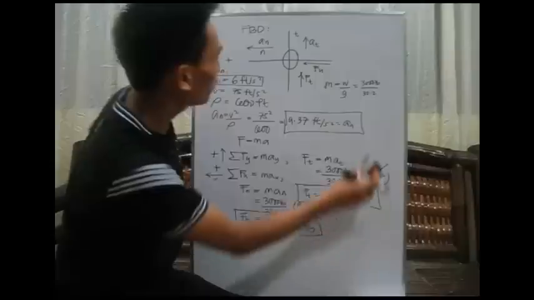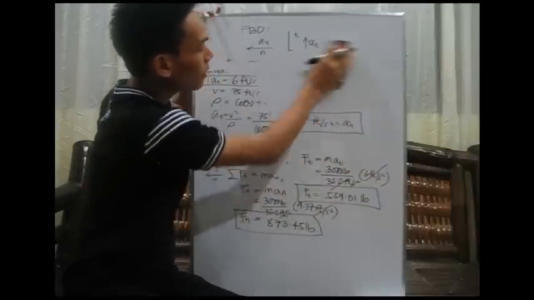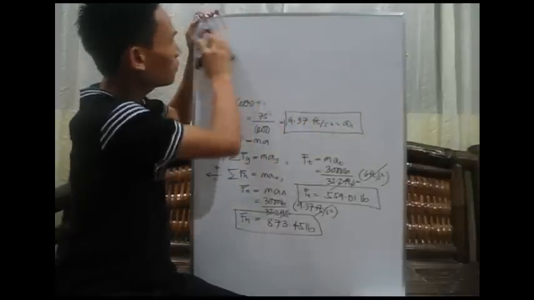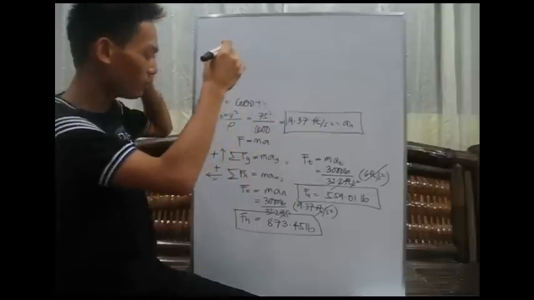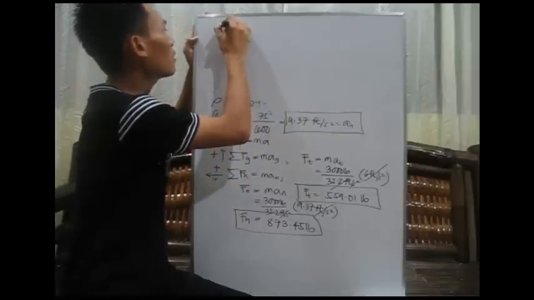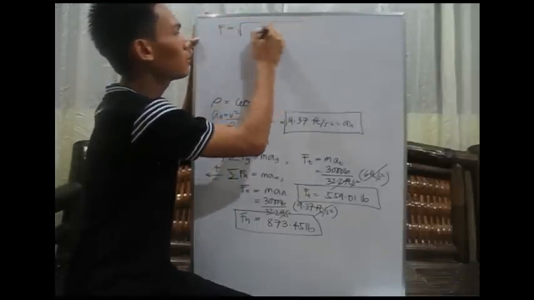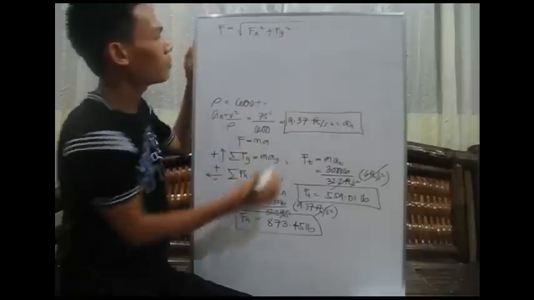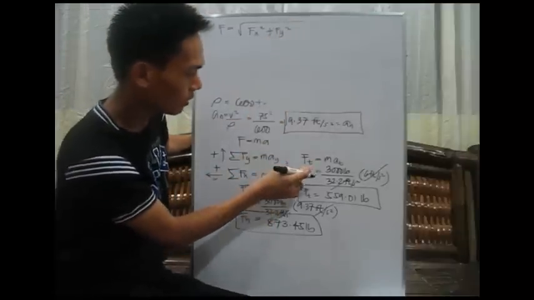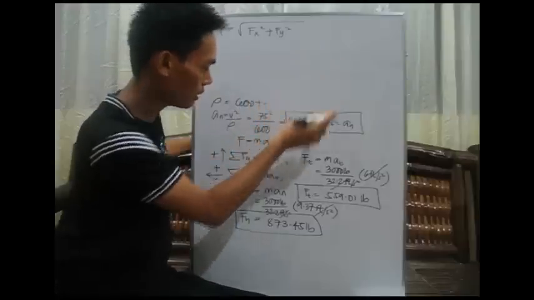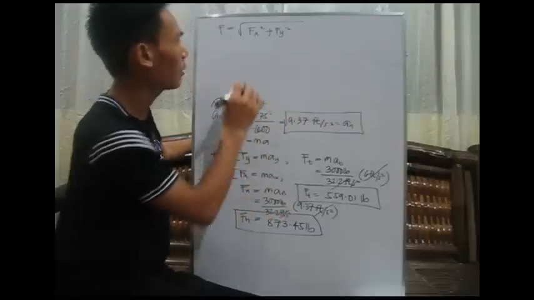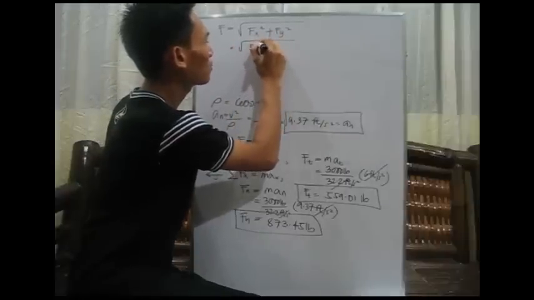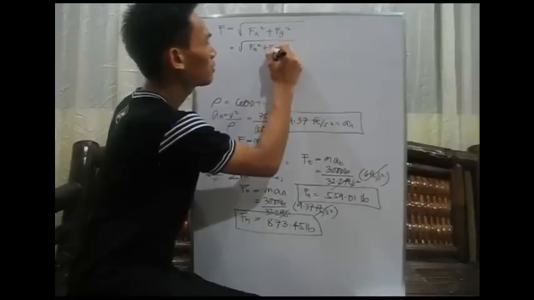We can now solve for the magnitude. We will erase because we do not have enough space. To get the magnitude, F is equal to the square root of Fx squared plus Fy squared. But in this problem, Ft represents Fy and Fn represents Fx. So F is the square root of Fn squared plus Ft squared.